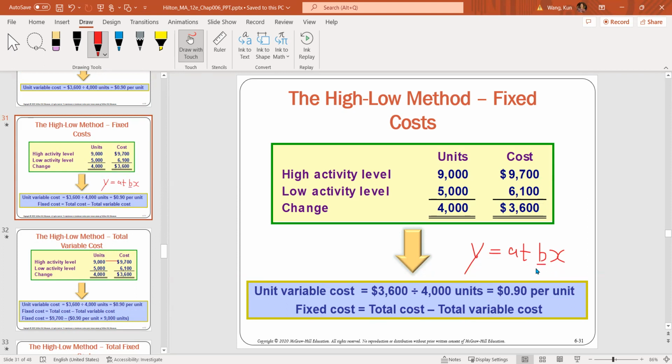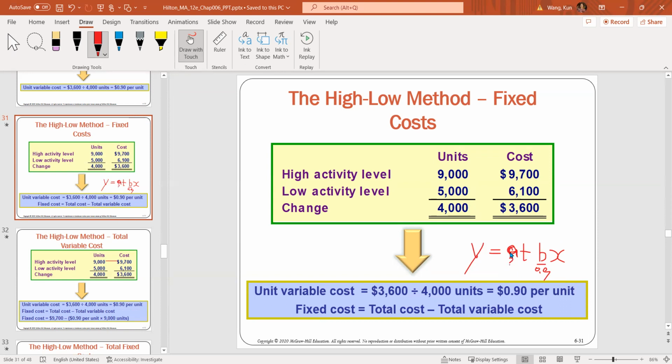We know this is 0.9, and y is the total cost. You have two levels, right? So either use the highest one or the lowest one, and then you have the units related. So we are trying to find out how much is the A, the fixed cost.